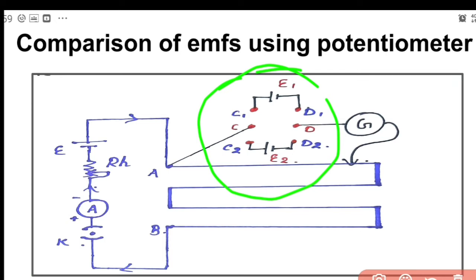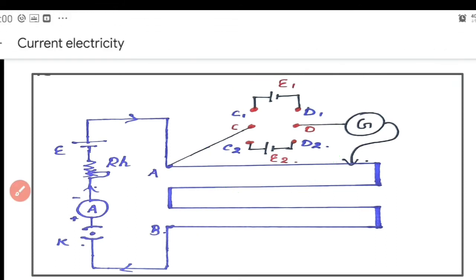So in this particular experiment, we have 3 cells. One cell is used in the driver circuit, that is the driver cell, and the other 2 cells whose EMFs we have to compare are epsilon 1 and epsilon 2. Now we are connecting these 2 cells through a special arrangement.